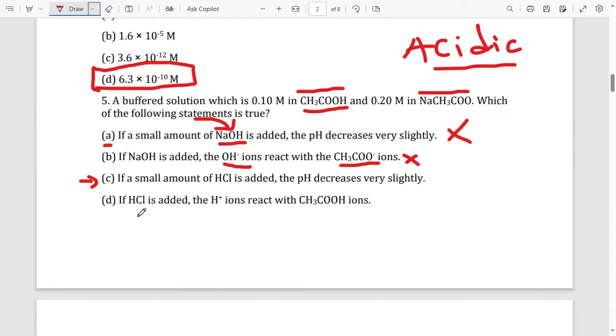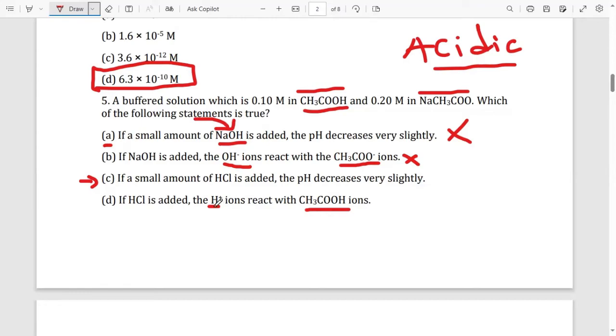So if hydrochloric acid is added, the hydrogen ions react with acetic acid. Now look, these are hydrogen ions, right? And then we said an acid is a proton donor. So this acid doesn't want these hydrogen ions.